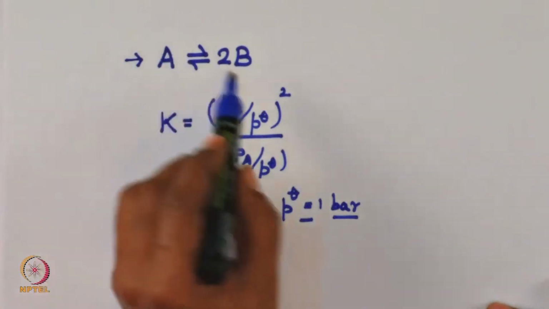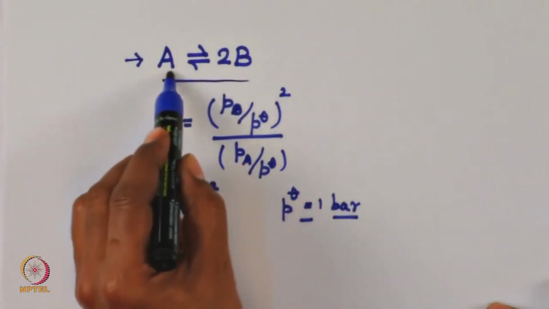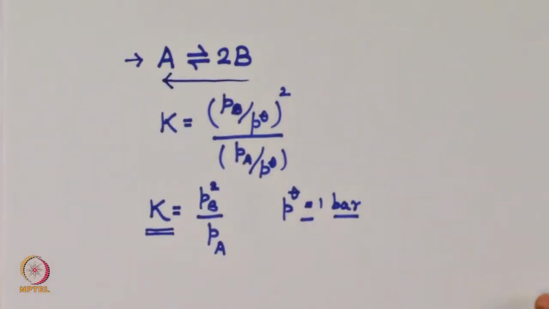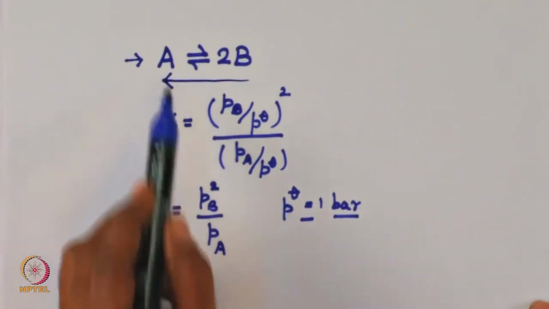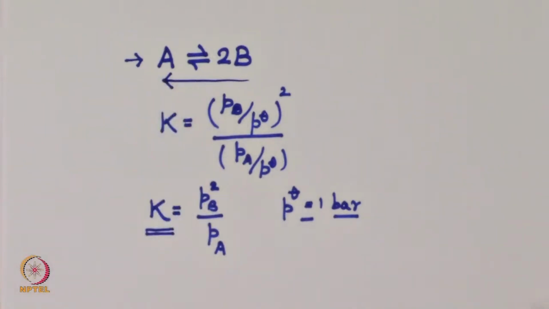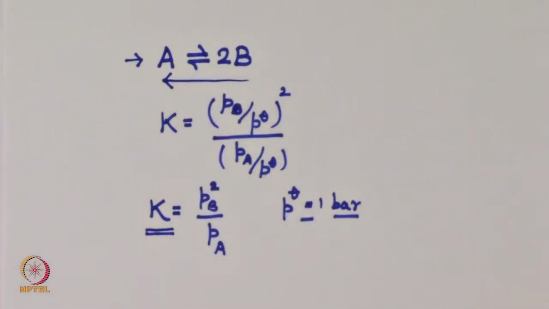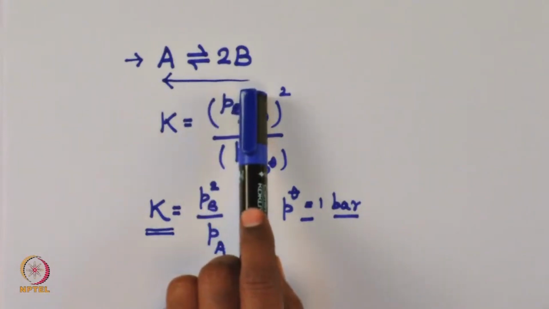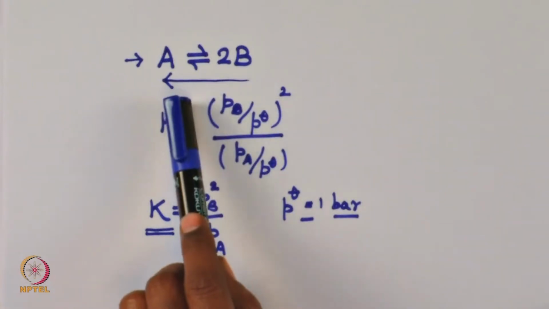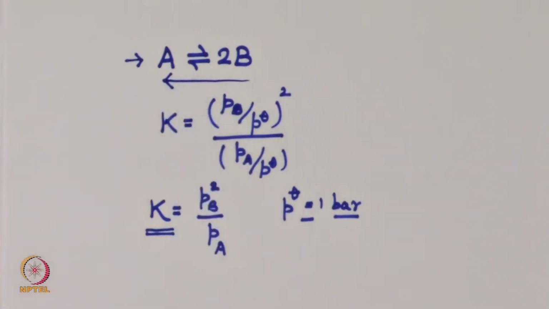And that means the shift of composition towards the left. That means more molecules of A will be produced. So, in this kind of asymmetric reaction, when the pressure is increased, the equilibrium is shifted towards the direction in which there are fewer moles of the gaseous species.